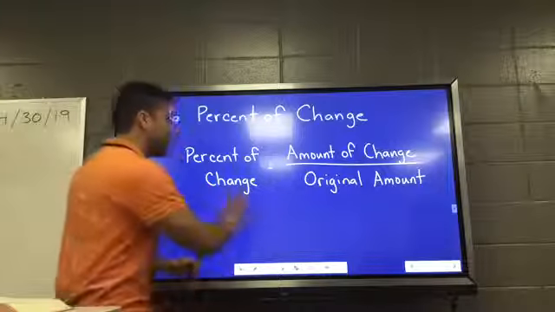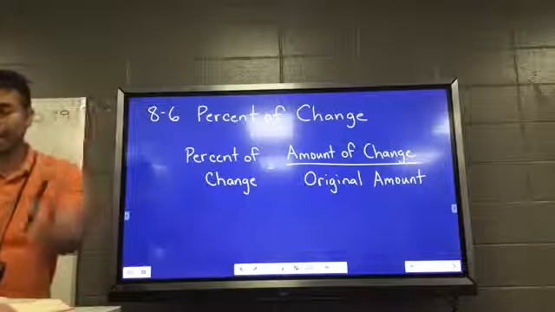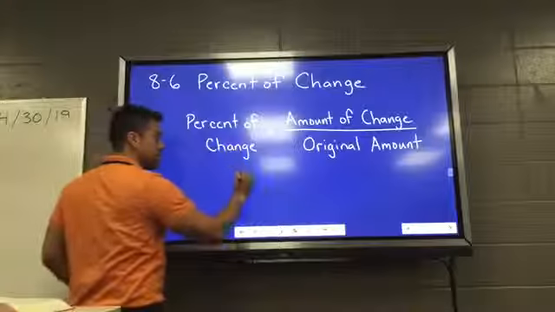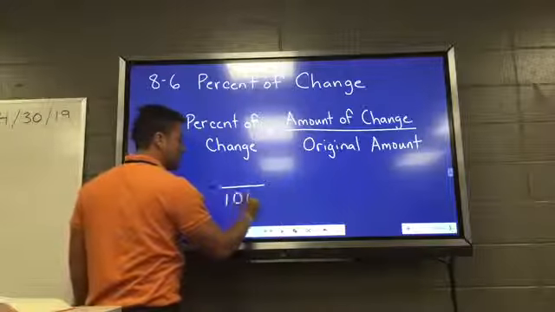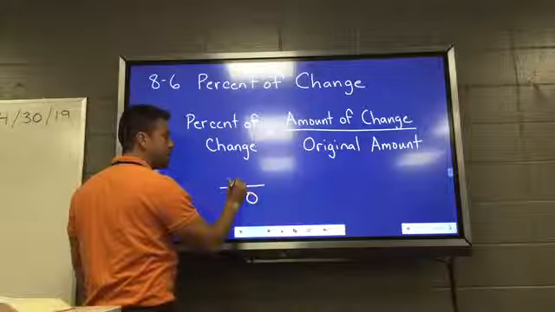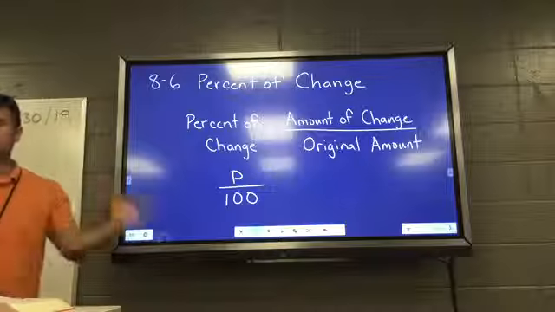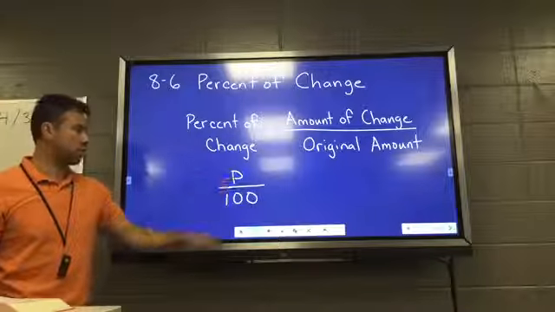So here, what I want you to write underneath this formula is the basic form we're going to be using in every single problem in this lesson. The percent of change can be written as some number over 100, and I'm going to put P for percent. Like if you have 20%, 60%, you would put 20 over 100 or 60 over 100.